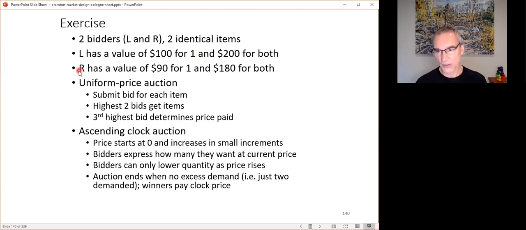Now R, those at the end of the alphabet, Johanna on down, you have a value of 90 for one, and the second item is worth 90 as well, so a total value of 180 if you win both. Again, a flat marginal value.